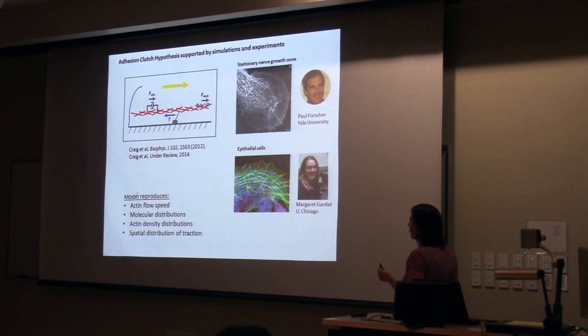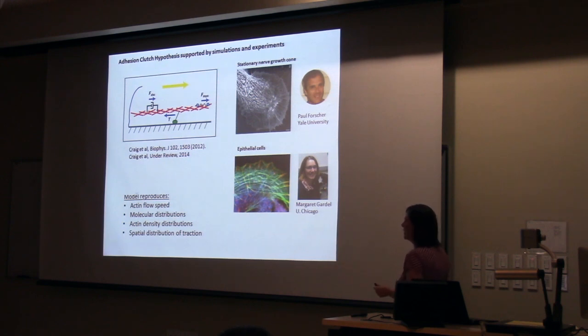And basically what we found was that this simple clutch mechanism did a very good job at predicting or agreeing with some of the characteristics of their experimental observations in these two different systems.